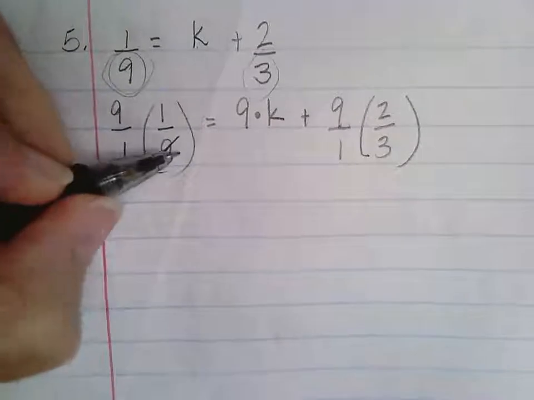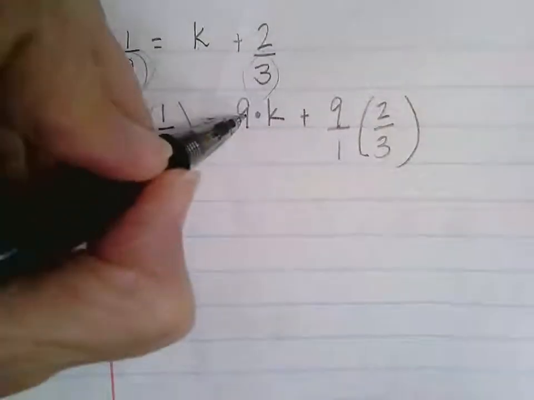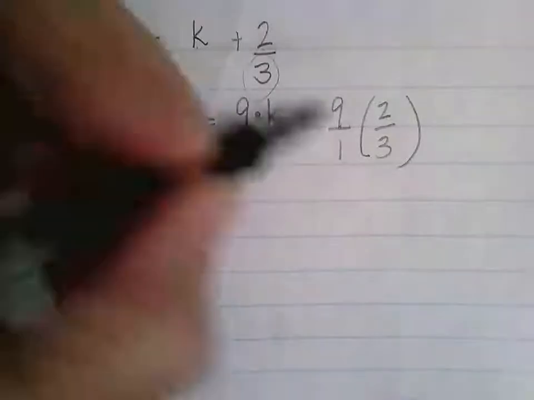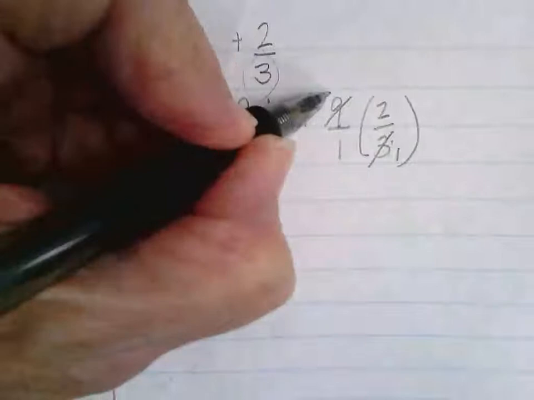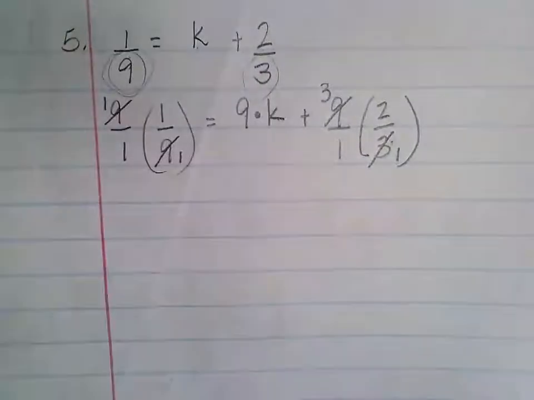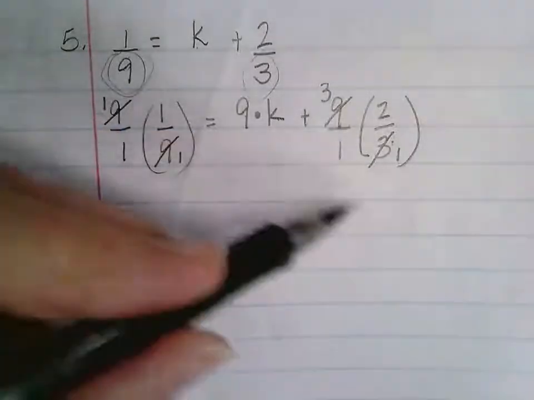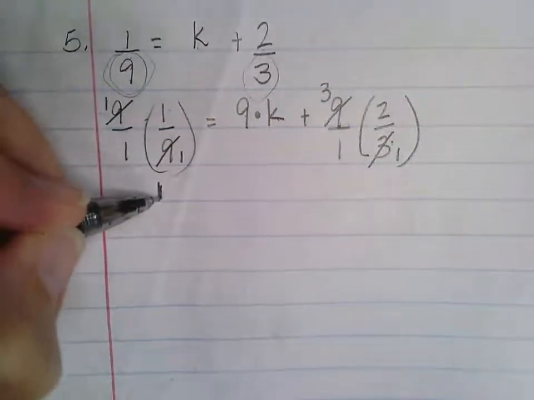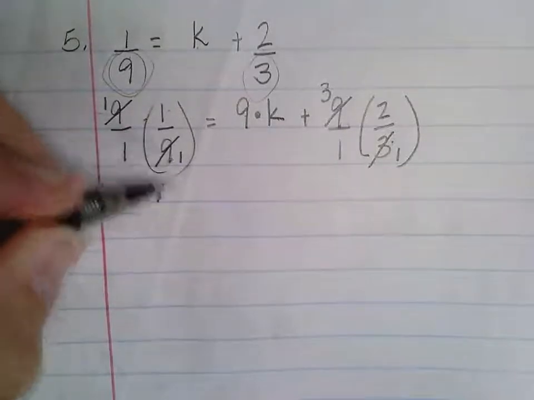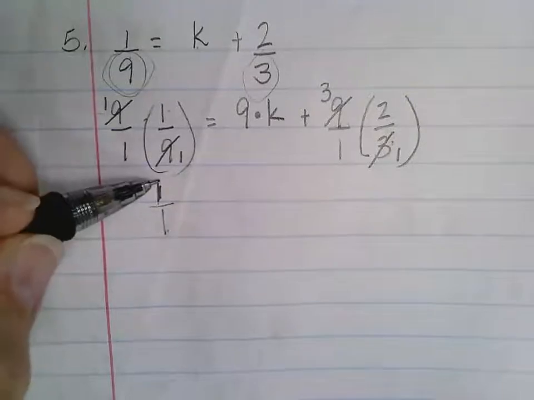So 9 divided by 9 is 1, 9 divided by 9 is 1. 9 times k is 9k. 3 divided by 3 is 1, 9 divided by 3 is 3. So now I'm simply going to multiply across the top and the bottom. So I have 1 times 1 is 1. And 1 times 1 is 1, and 1 divided by 1 is 1.